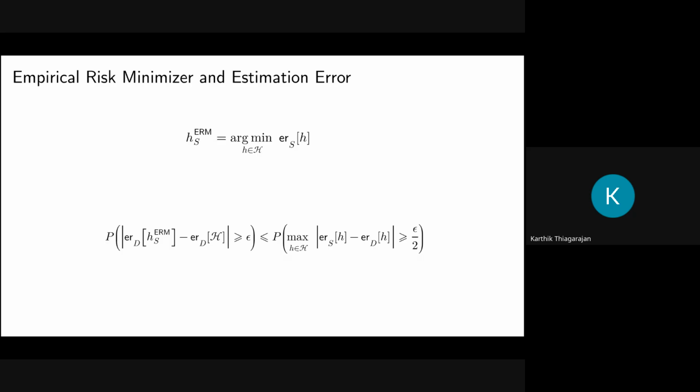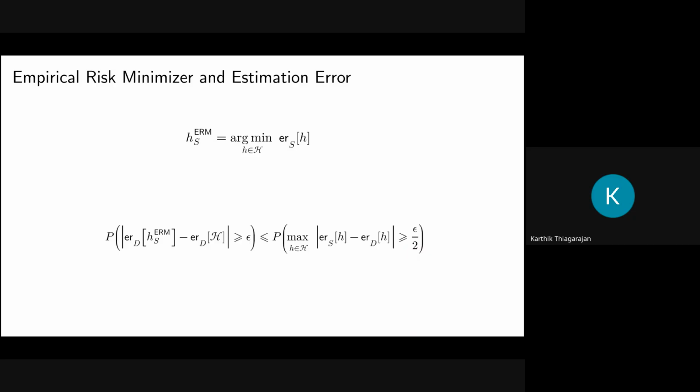What he then goes on to show is that the estimation error can be bounded by the generalization error, for the same hypothesis class H. And whatever you have done before holds true. Remember, whenever you see this RS minus RD, that is generalization error.